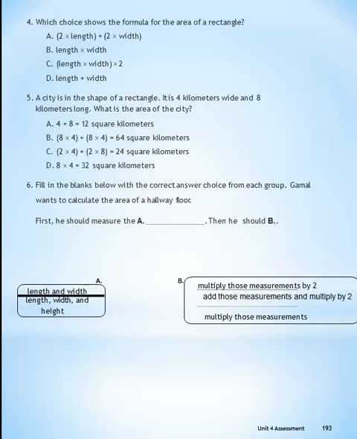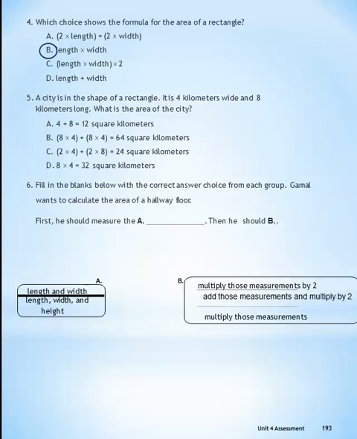Which choice shows the formula for the area of a rectangle? We know that the area of a rectangle is length times width. Which one? Yes, letter B. A city is in the shape of a rectangle. It is 4 kilometers wide and 8 kilometers long. What is the area of the city?